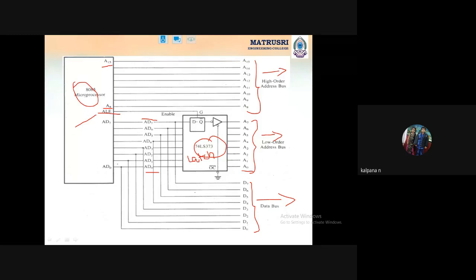Okay, so this is the circuit diagram, the circuit diagram of demultiplexing the A lines from the AD lines. Take a screenshot. This is very, very important.